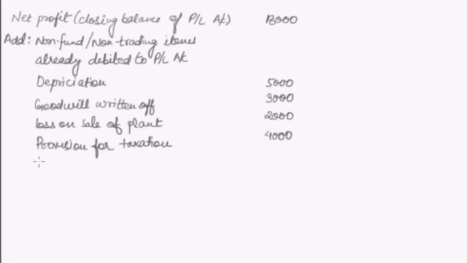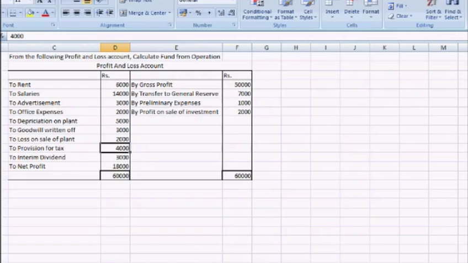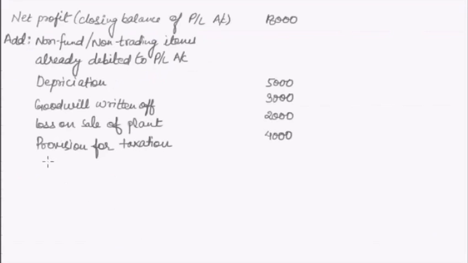Next we had interim dividend. Paying off dividend is also a kind of appropriation, and can also be considered a current liability.